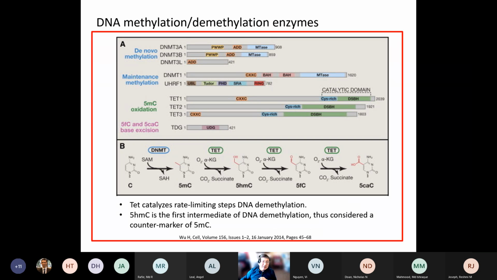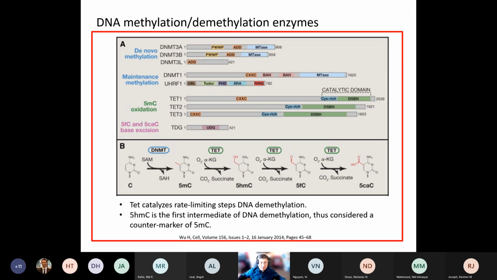So here I give you the several important enzymes that are important for DNA methylation and demethylation. The enzymes are called DNMTs, indicating DNA methyltransferase. Some of the methyltransferases perform de novo methylation. De novo methylation means the DNA is not methylated, and now the enzyme can methylate it.